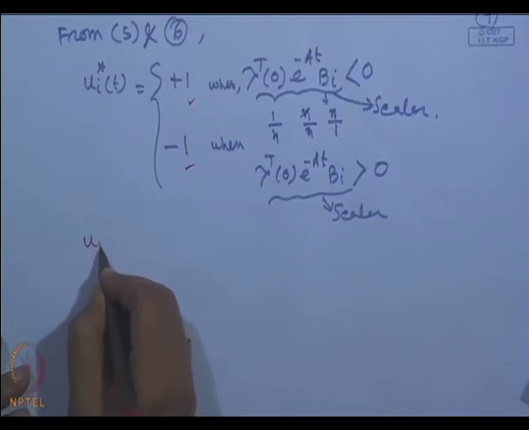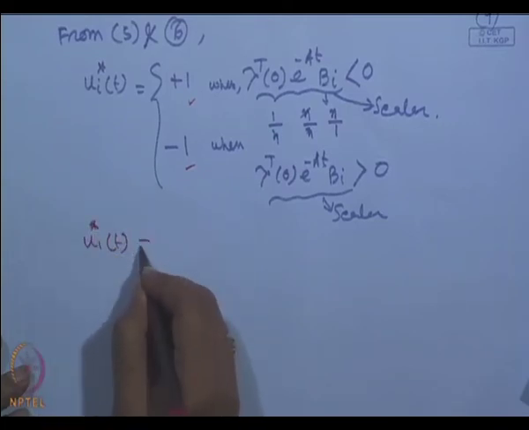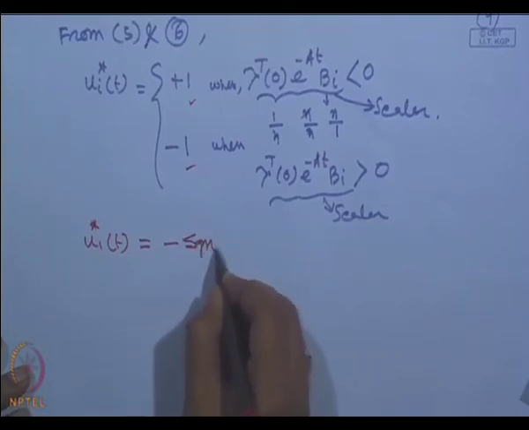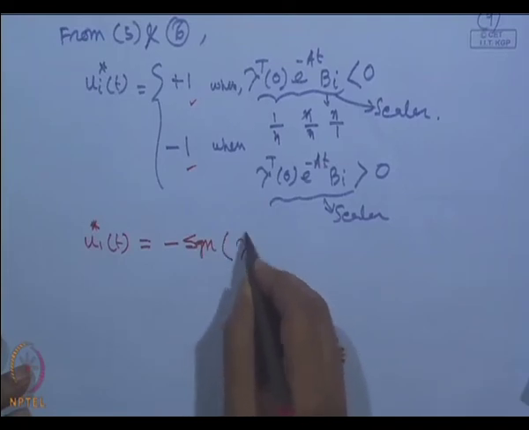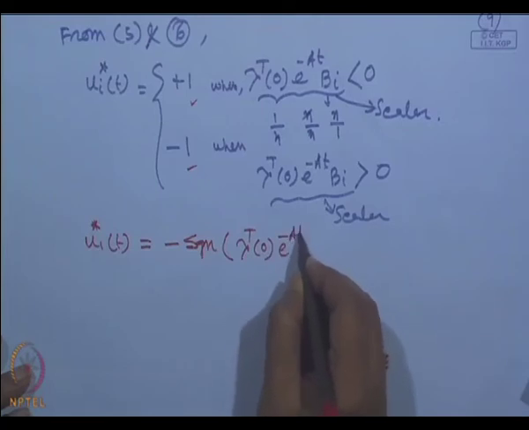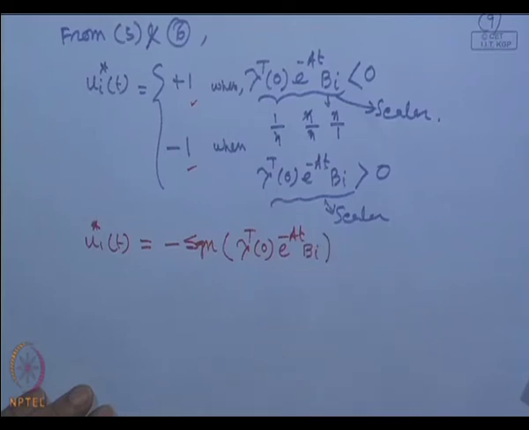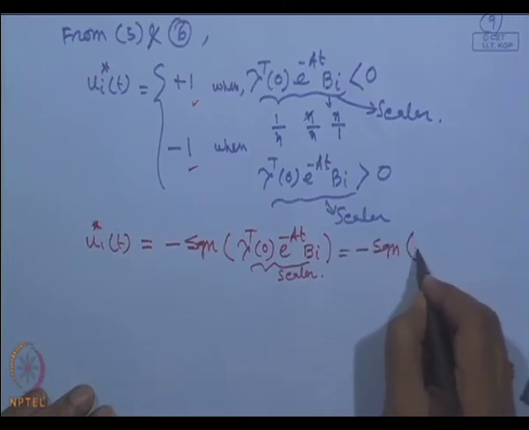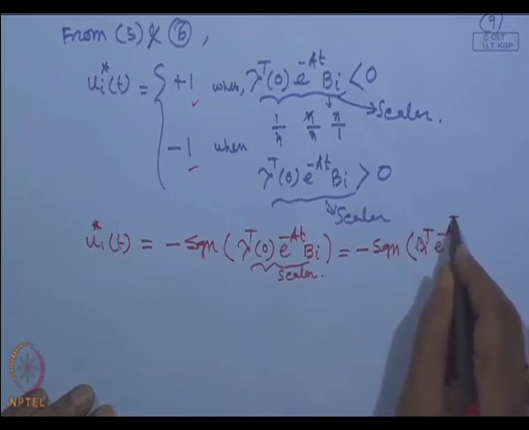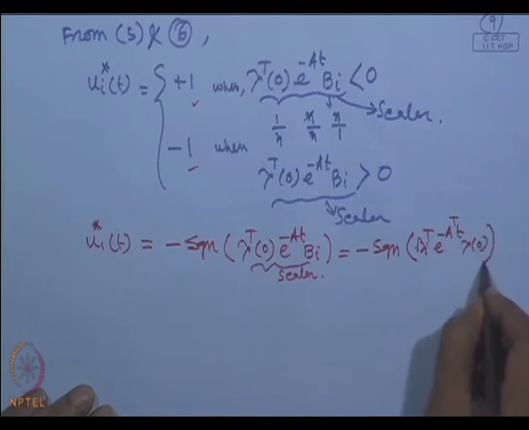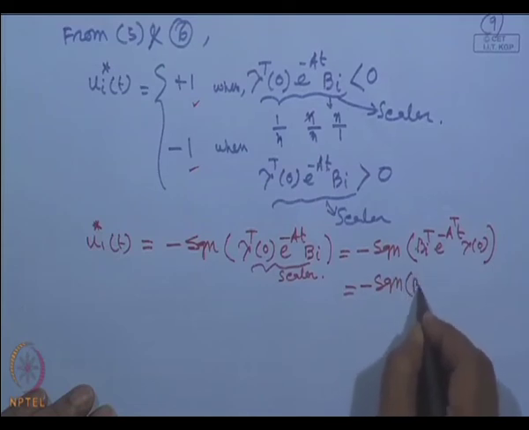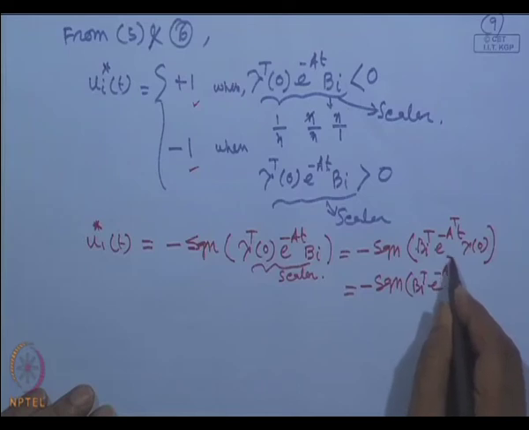So in short, we can write both equations combined using the signum function, g n is equal to lambda transpose 0 e to the power of a t b I. Because this is a scalar, we can write this as equal to minus S g n b transpose b I transpose e to the power of minus a transpose of t lambda of 0, which is nothing but a as g n b I transpose e to the power of minus a transpose t.